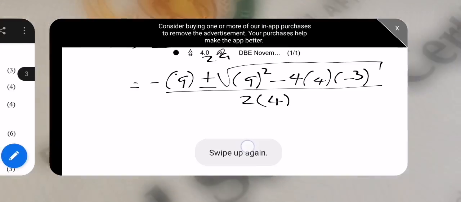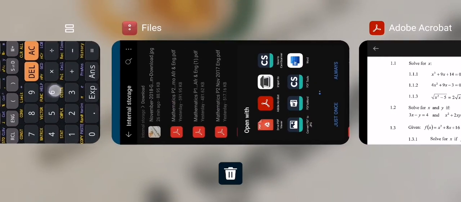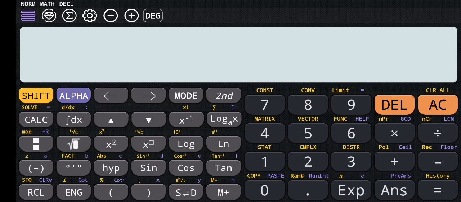Let's now punch in our values on a calculator.